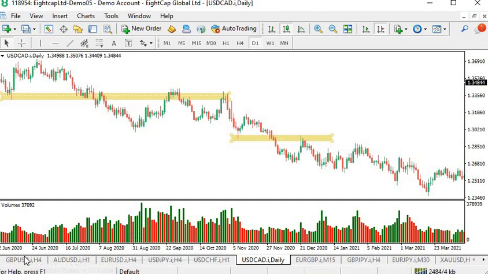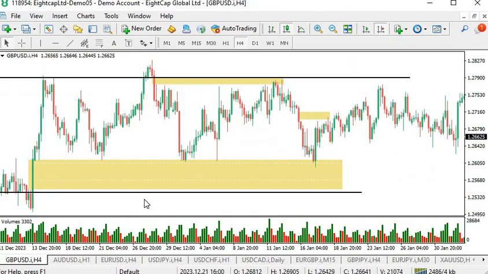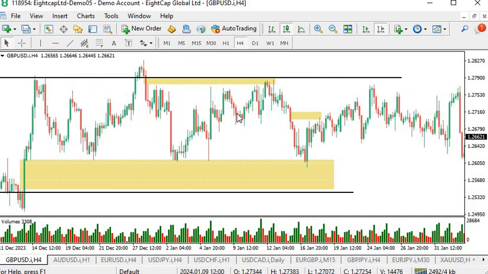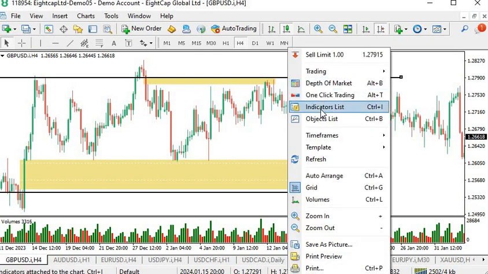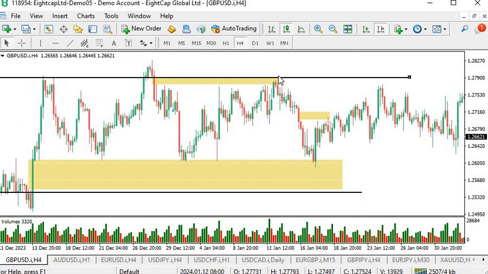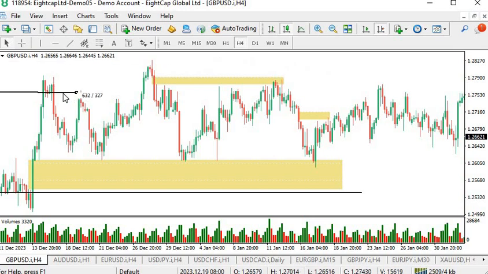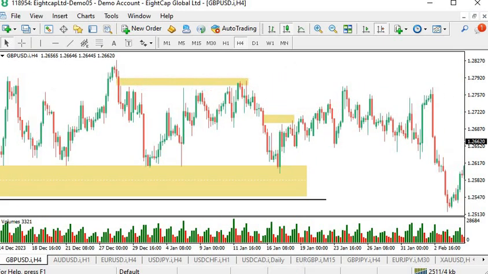Now let me show you an example of a choppy market. You can see this. Let me clear it out. Let me move from here to make it a bit easy.